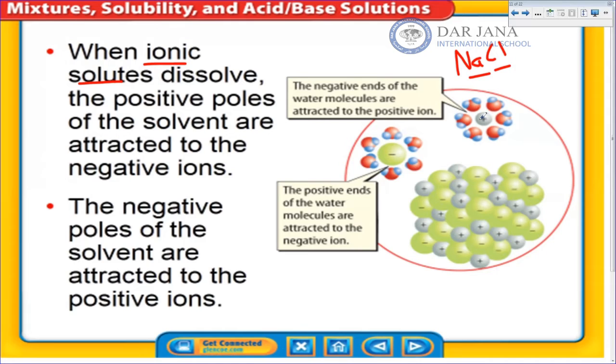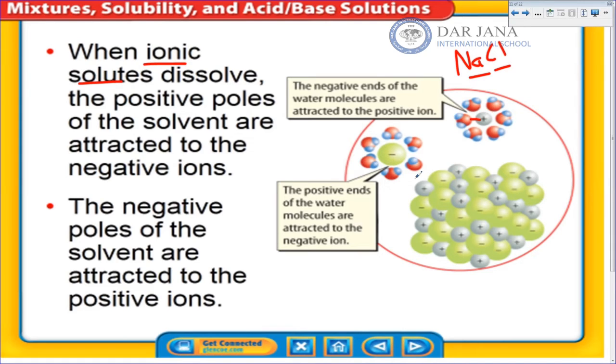You see, Na is attracted to the negative part of water, while the negative ion, which is Cl, let's consider this is the negative one, this means that Cl is attracted to the positive end of water. So this is the positive end here of water, okay?